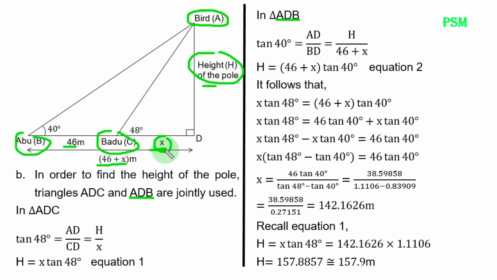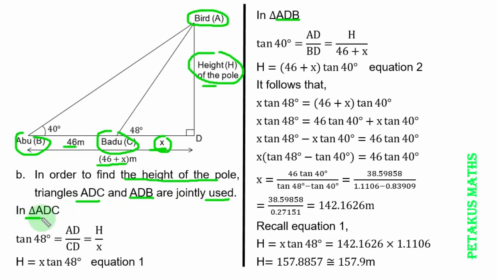For that reason, we have to consider the information in the two triangles. In order to find the height of the pole, triangles ADC and ADB are jointly used.